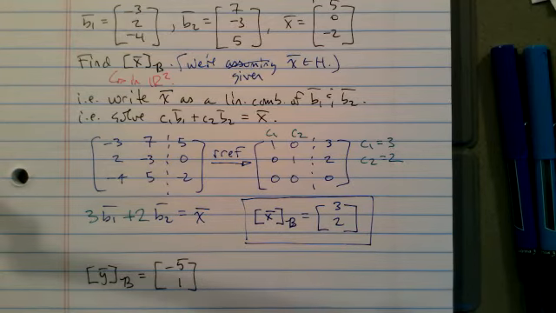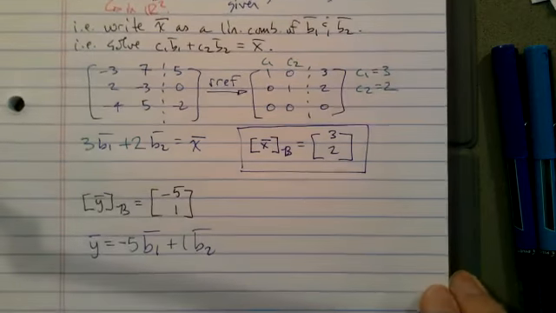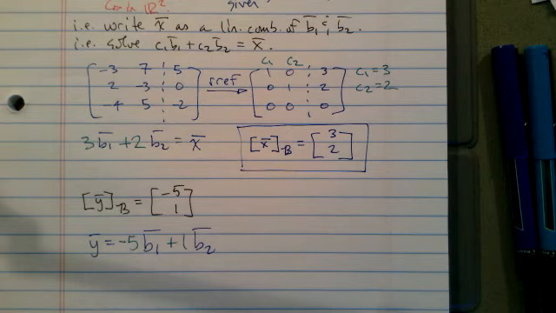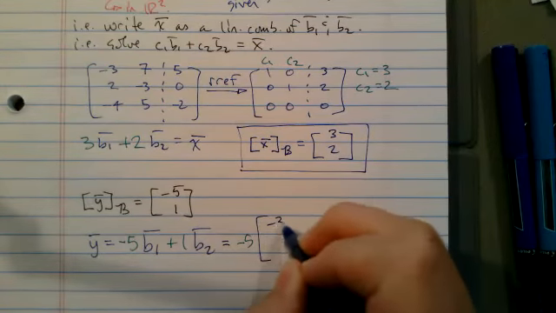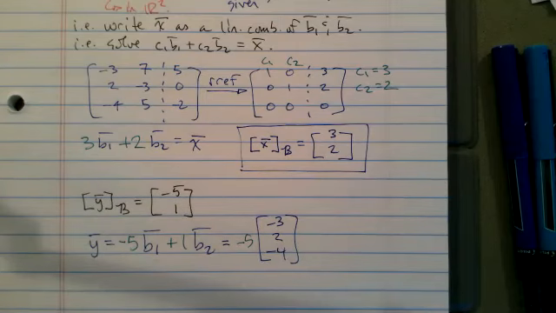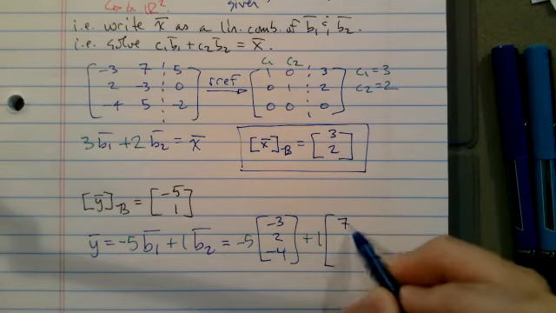So you could say that y equals -5 times b1 plus 1 times b2. That's what I mean when I say the coordinates of y relative to B are -5, 1. That means y is -5 times b1 plus 1 times b2. So that would be -5 times the vector -3, 2, -4 plus 1 times the vector 7, -3, 5.